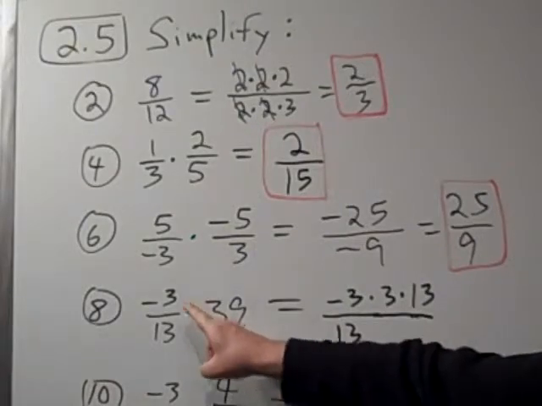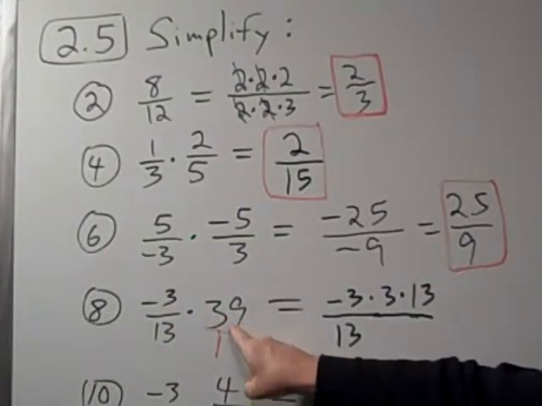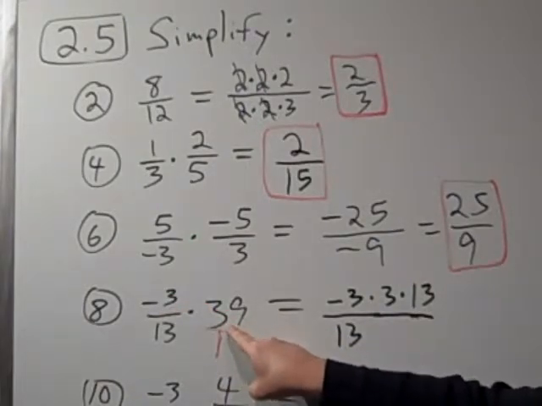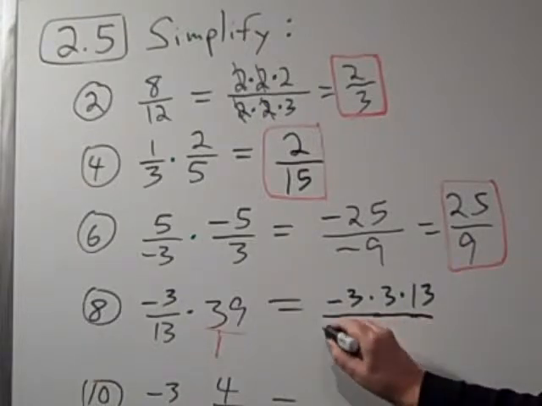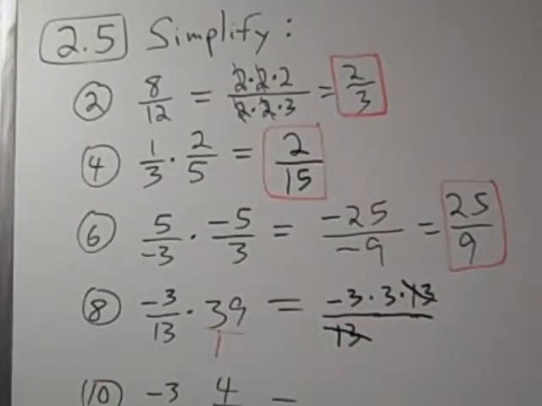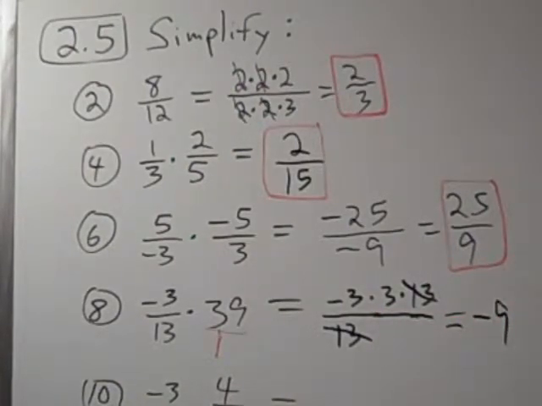So if you're dividing by 1, it's negative 3 times 39 and 13 times 1. But we don't want to actually multiply 3 times 39. Break up 39 as 3 times 13, and then you can see that the 13 cancels. 13's cancel, and you're just left with negative 3 times 3, which is negative 9. So this one simplifies to the number negative 9.